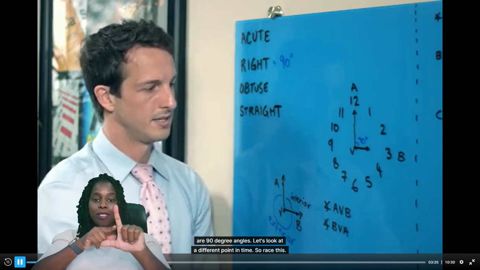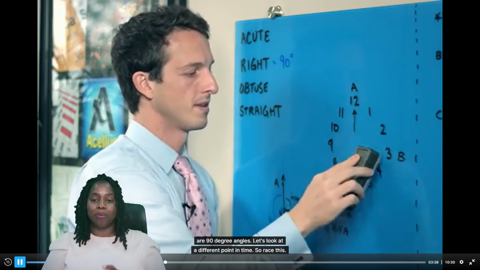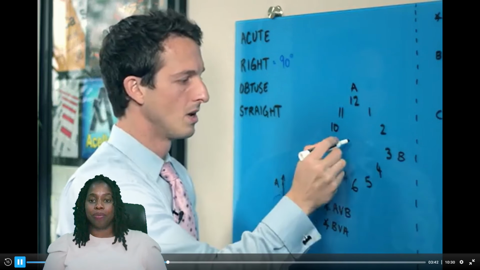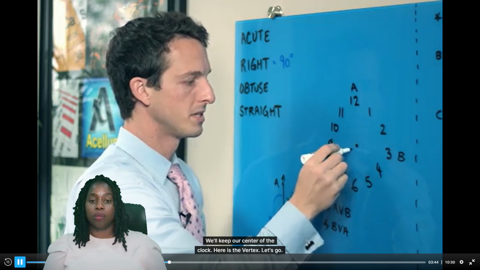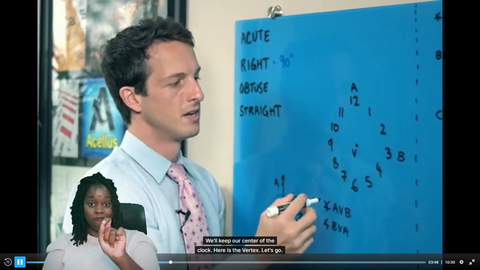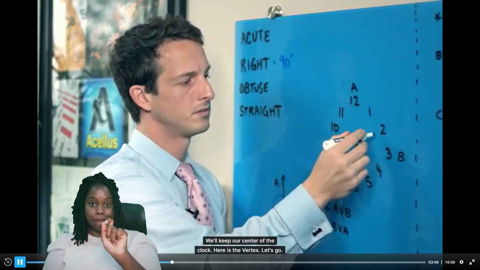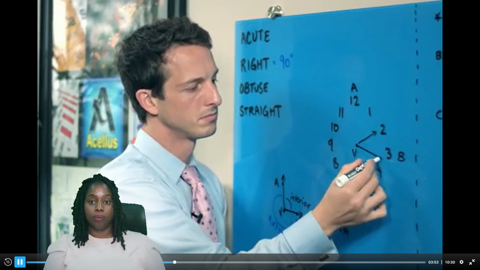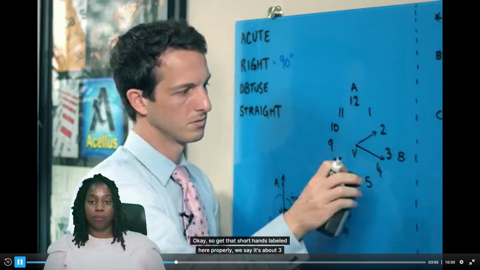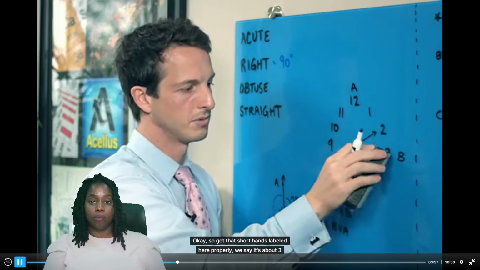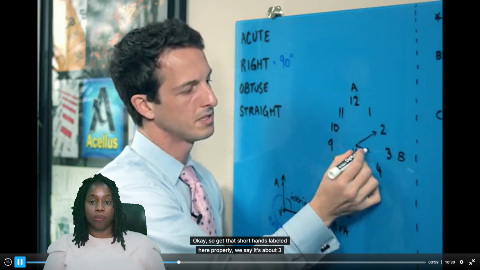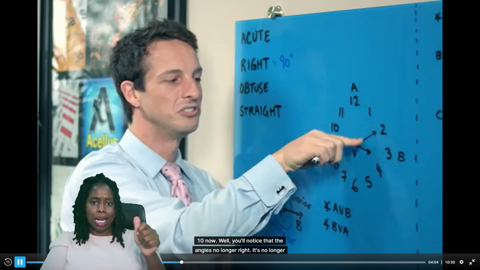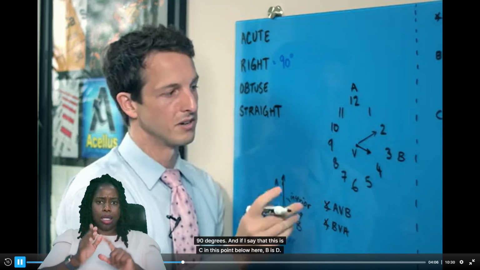Let's look at a different point in time. We'll erase this. We'll keep the center of the clock here as the vertex. Okay, so we get the short hand labeled here properly, and we say, oh, it's about 3:10 now. Well, you'll notice that the angle's no longer right. It's no longer 90 degrees.